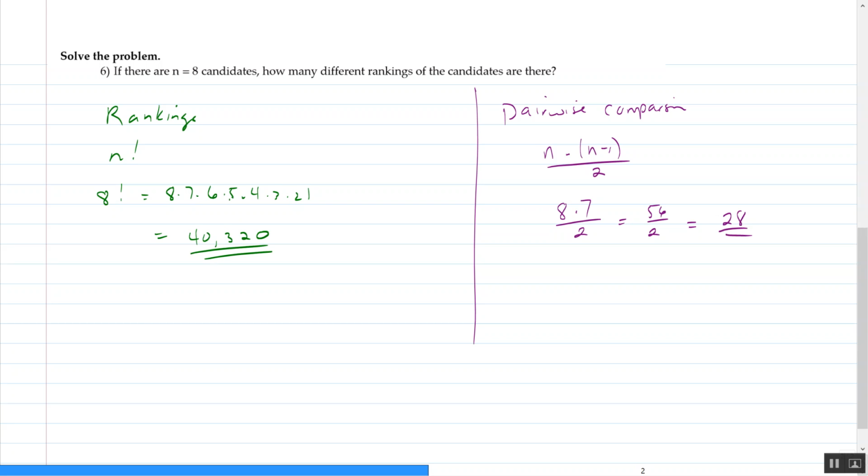Another way you can think about it is, for the first candidate, there's 8 possibilities, and then for the next position, there's 7 candidates left, then 6, then 5, then 4, counting all the way down to where you've only got 1 spot left. So n factorial is the formula you would use for this.